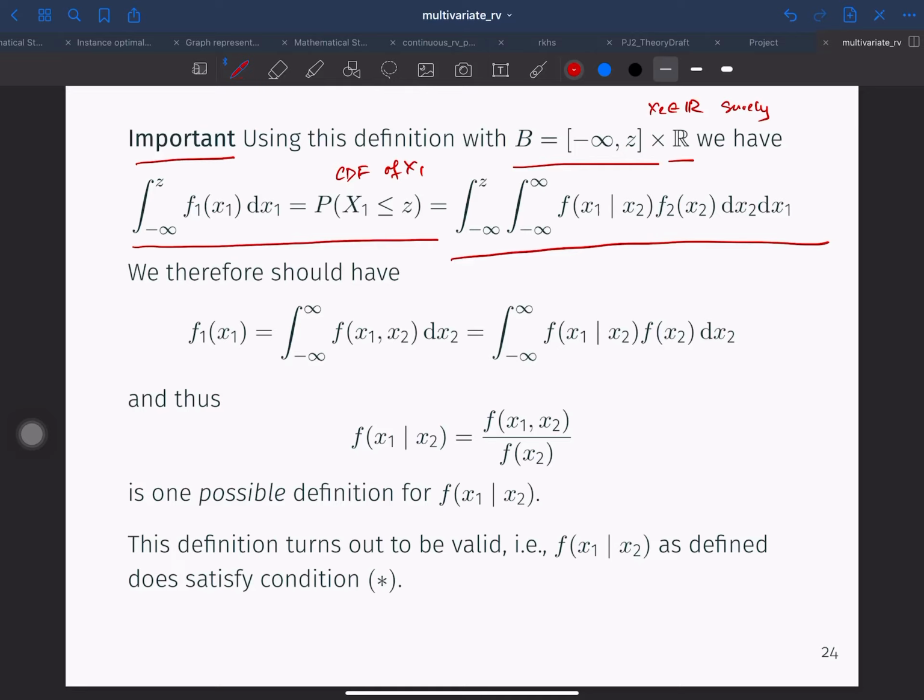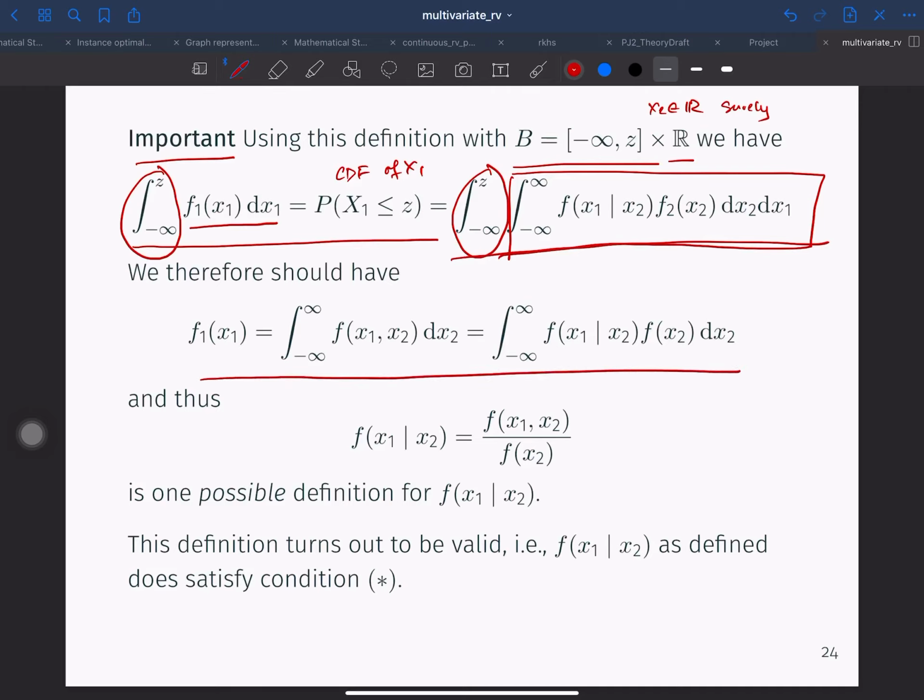And so here this integration goes from minus infinity to z. And so the term inside the second integral should look like the integrand in the first term. So we should have this property.